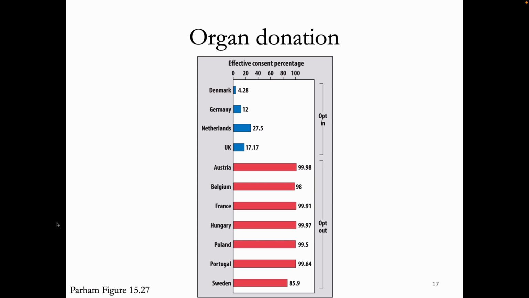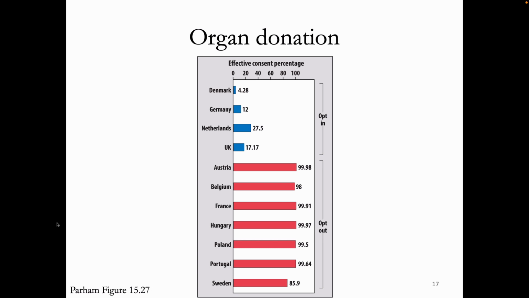That means that you have to say, I would like to be an organ donor, and your organs cannot be donated if you don't say that. In the countries shown in red, they have an opt-out system, where you have to say, I do not want my organs donated, and otherwise they assume your organs can be donated.